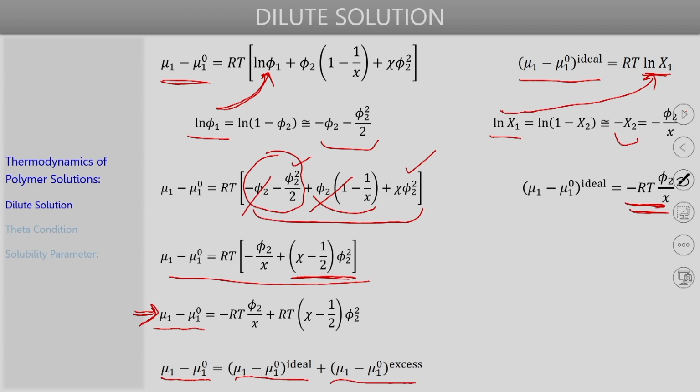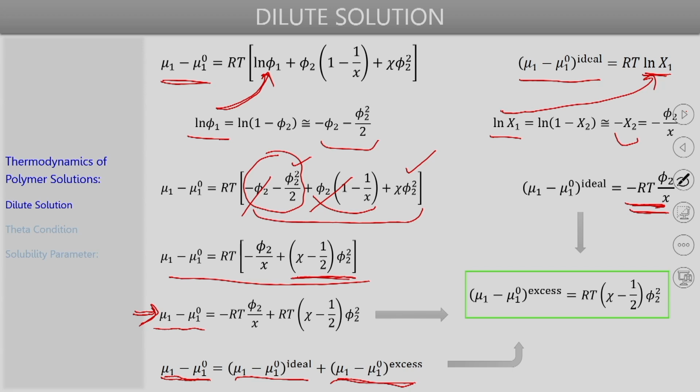So, if we combine these two, realizing that this chemical potential contains an ideal and an excess contribution, and combine all these equations, what we get is that the excess contribution to this chemical potential difference is just equal to RT times chi minus half phi 2 square.